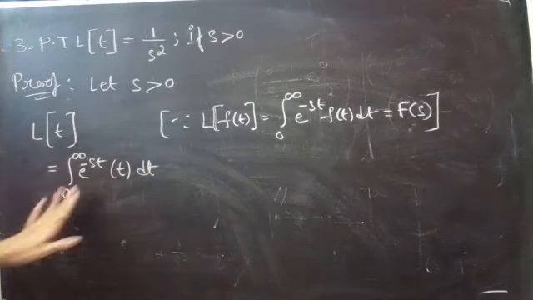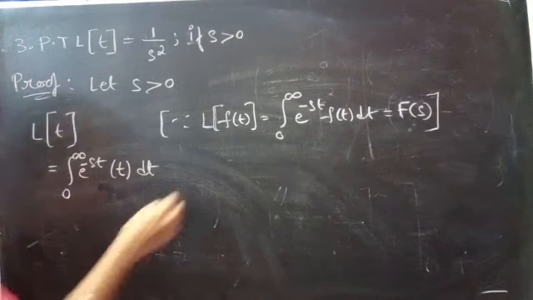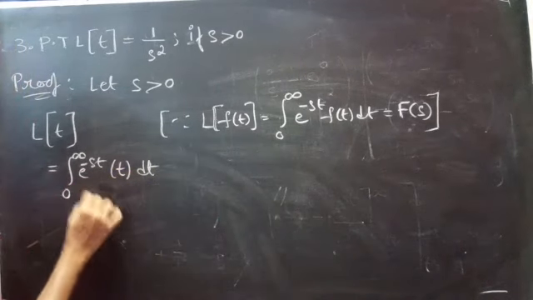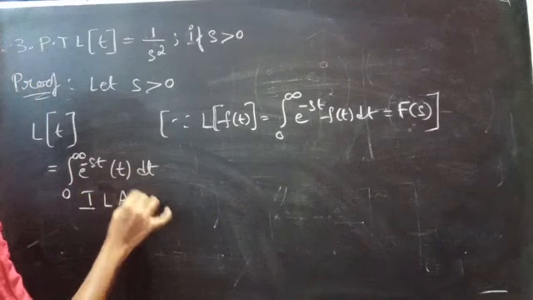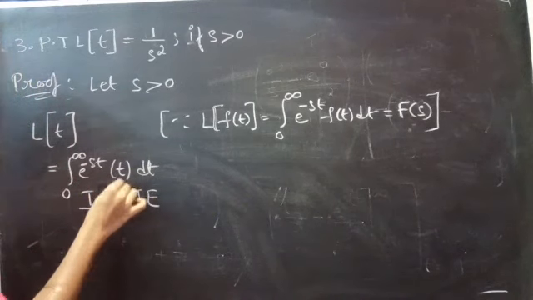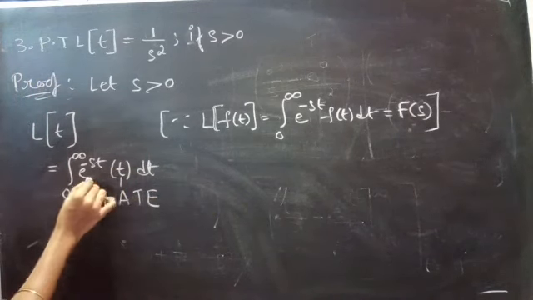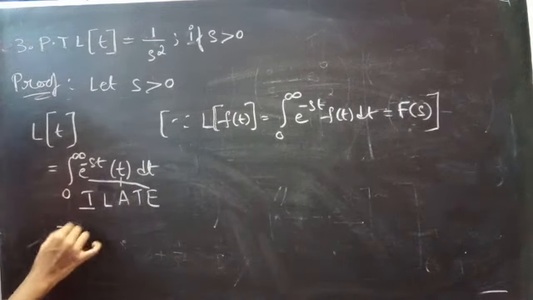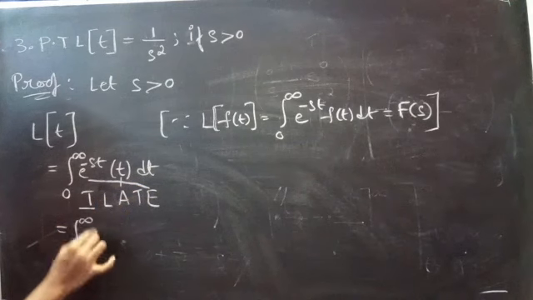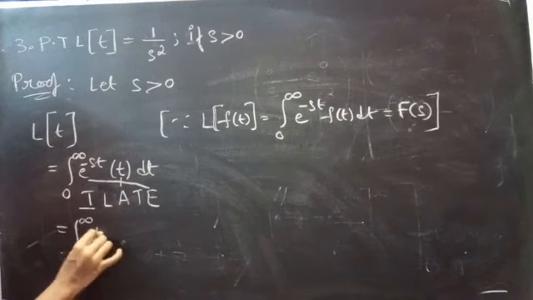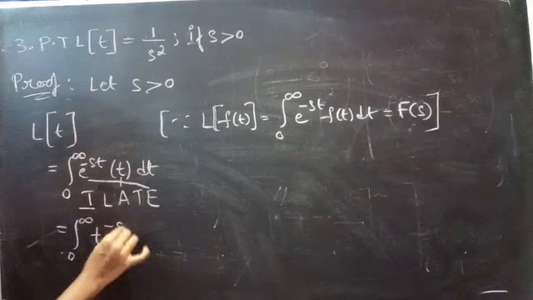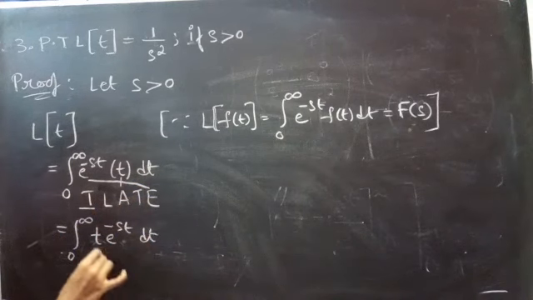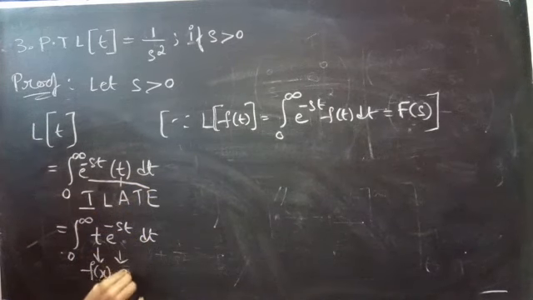To solve this integration, we use the ILATE rule. Arithmetic comes first, exponential comes next. So this equals integral from 0 to infinity t into e power minus st into dt. So here t is your f of x and e power minus st is your g of x.